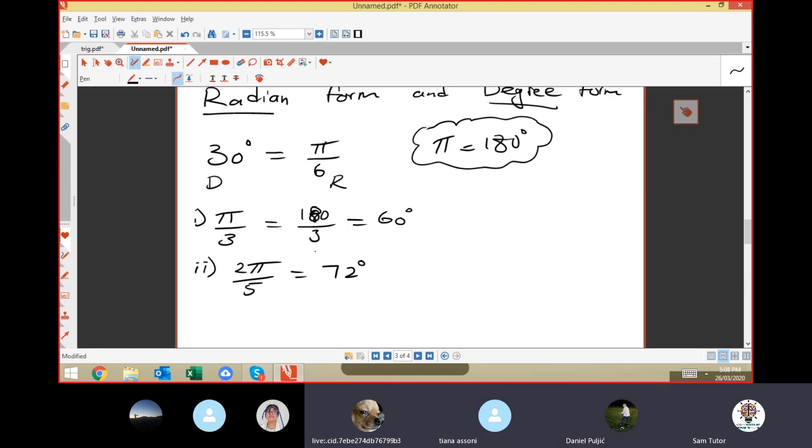Press equals. 2 times 180 over 5, yeah, 72. Every time you see pi, you just change that to 180 degrees.